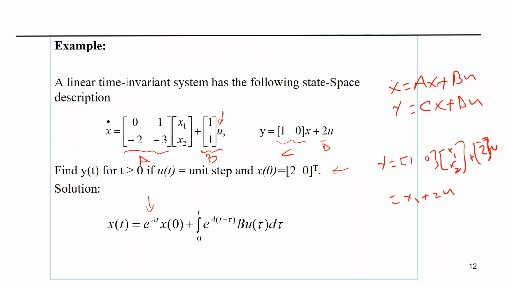I don't have two outputs. If B is not a column matrix, it's a matrix, and C is not only one row, then you will have matrices and there are no problems. Solve it in the same way, it doesn't matter. Okay?